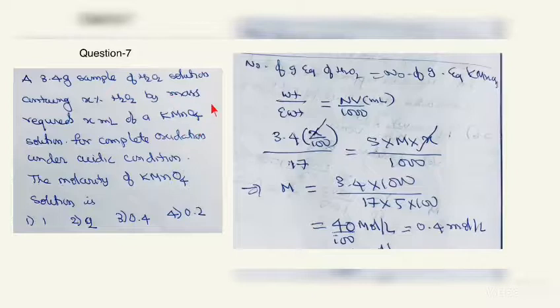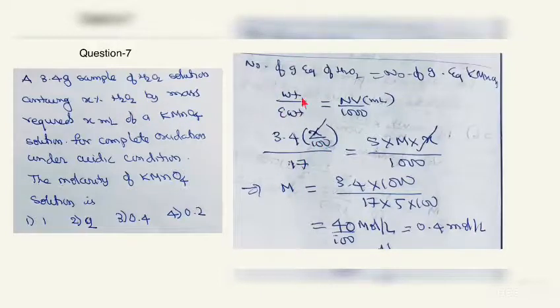It is generally an oxidation reaction. The number of gram equivalents of H2O2 reacted equals the number of gram equivalents of KMnO4. Here for H2O2 they gave mass, so we use the weight by equivalent weight formula, and on this side, where they gave the volume, we want to find molarity, so we use N into V in mL by 1000. The weight is 3.4 grams, but it is not 100% pure, so x percent pure, so we use x by 100 here.